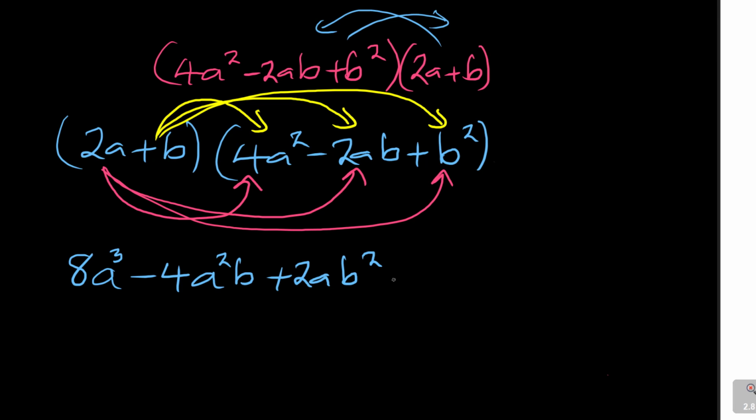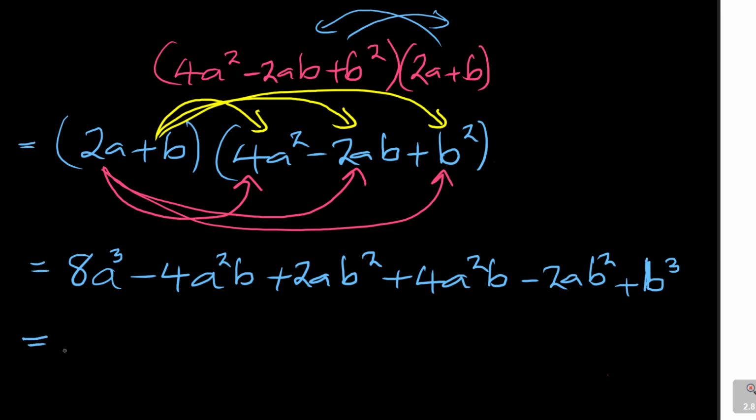B times 4a squared is plus 4a squared b. B times minus 2ab is minus 2ab squared. And then b times b is plus b to the power of 3. Are you with me? That is equal to.